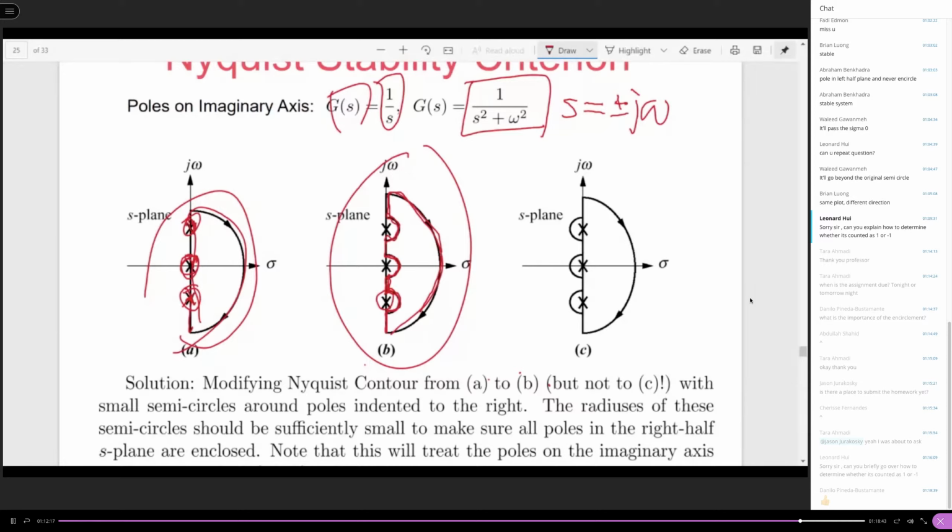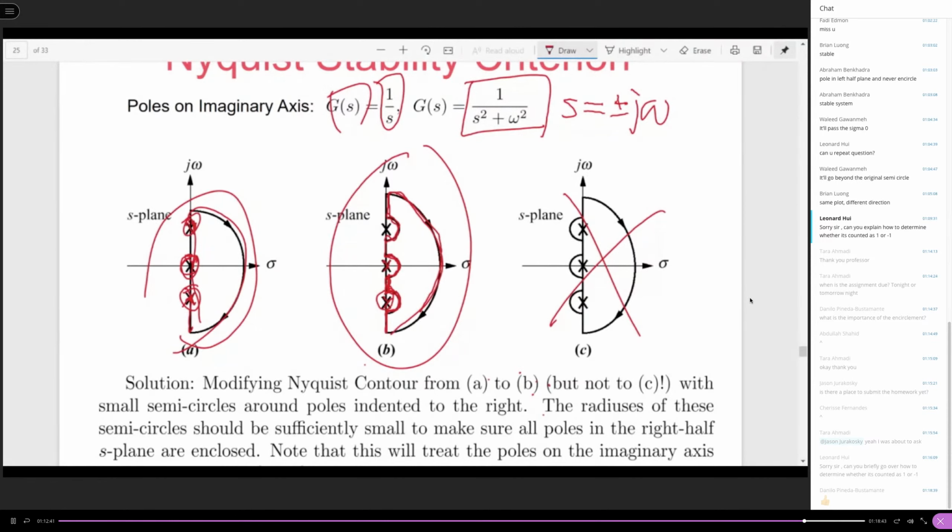It goes to infinity, right? So we just try to avoid that. So you modify the Nyquist contour this way, not this way. Why? Because if we go with the small indent to the right, then we basically treat this pole on the imaginary axis as a stable one. Actually, it is stable.